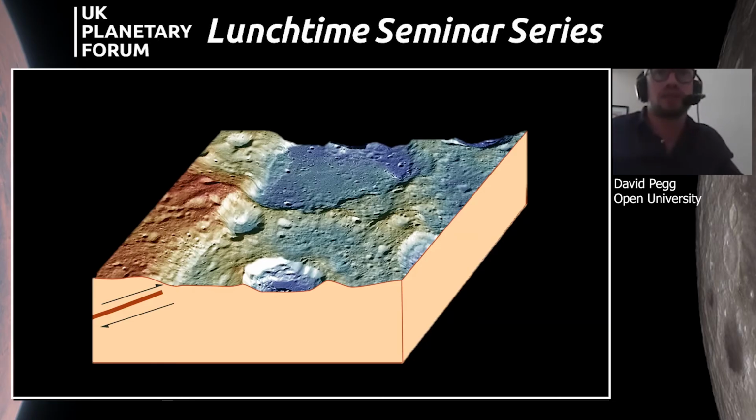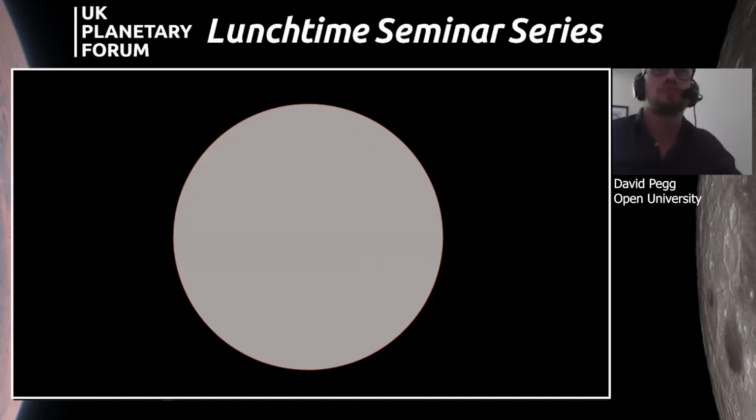You do get some extensional features, but they're all inside large impact basins, and the reason that Mercury is dominated by these compressional structures is because of its small size. It's small, it's got a large surface area, and so things like that, they cool and they shrink. And so Mercury is estimated to have had its radius decrease by 7 kilometers since it formed.